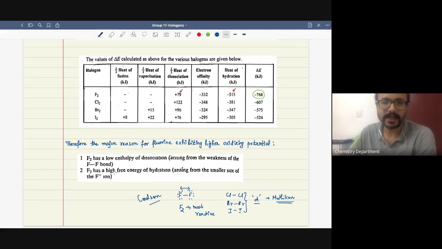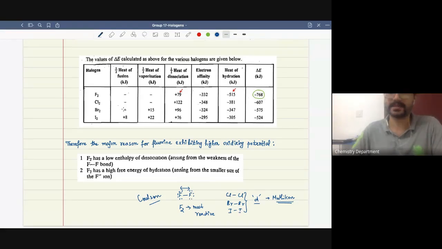Now the second reason, as we just said, is the high free hydration energy because of the smaller size of the F minus ion, because of which a higher hydration energy is possible. These two reasons give a higher oxidation potential value for F2, which is opposite to the fact that chlorine has a higher electron affinity, that is, more tendency of accepting an electron to go into the Cl minus state.